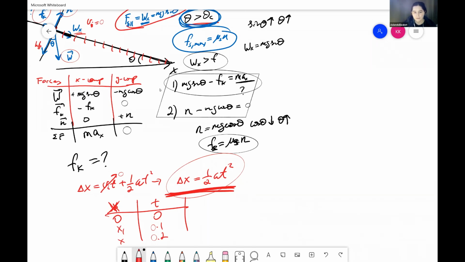Well, think like this. How can I use this information to find acceleration? I have a data table with position as a function of time and I want acceleration. How can I find that? I'm hoping at this point, after doing all those labs and analysis, you should be able to figure that out. What do you guys think?